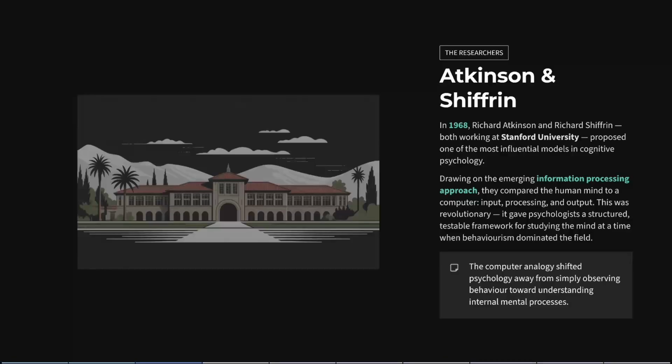Why was this revolutionary? Because at the time, behaviorism still dominated psychology. Behaviorism, which we cover in depth in a later video, insisted that psychologists should only study observable behavior. What happened inside the mind was considered off-limits, unscientific, and impossible to measure.